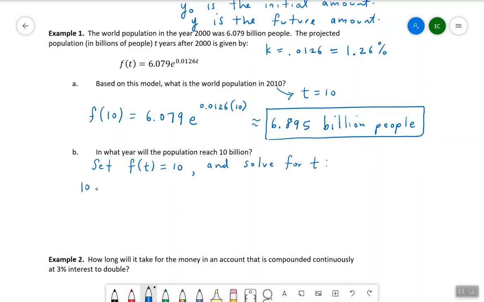So we'll have 10 is equal to 6.079 times e to the 0.0126t. We'll divide both sides by 6.079, and I'll leave that as an exact number.